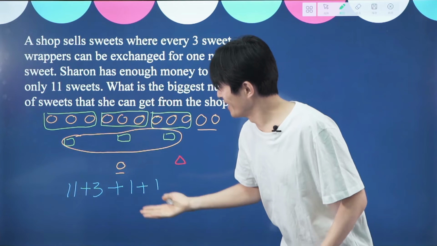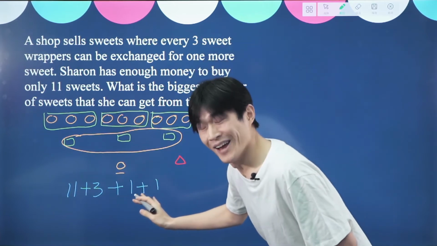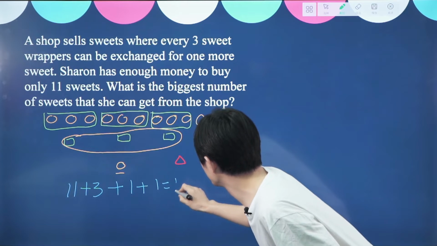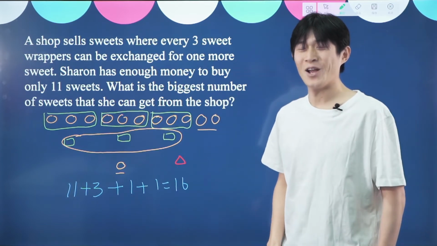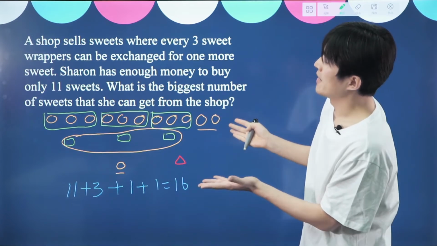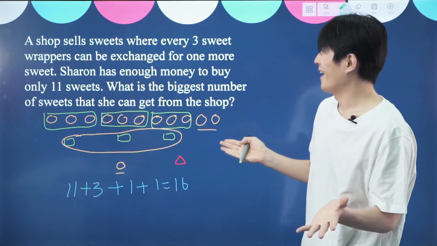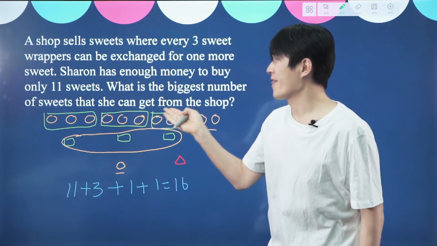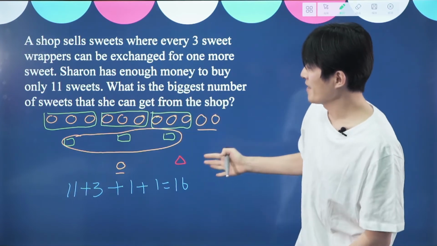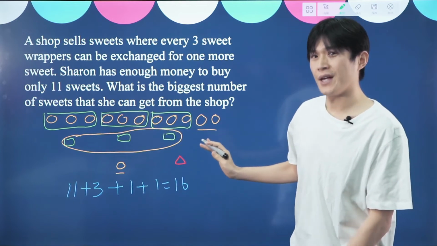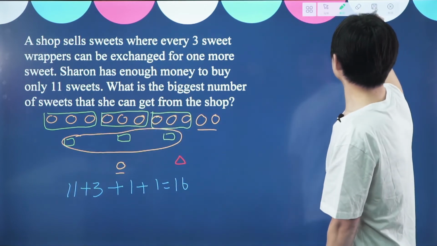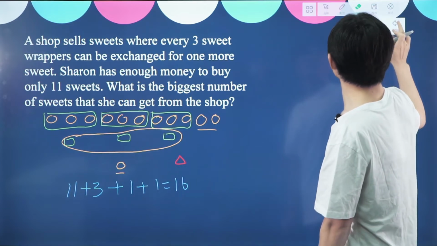We get 11 plus 5, so in the end we have 16. Well done if you got the same value. So the maximum value is 16. And the biggest number of sweets that she can get from the shop is 16. Alright, so next time you can draw a diagram to find the maximum value. This is how we solve this problem.